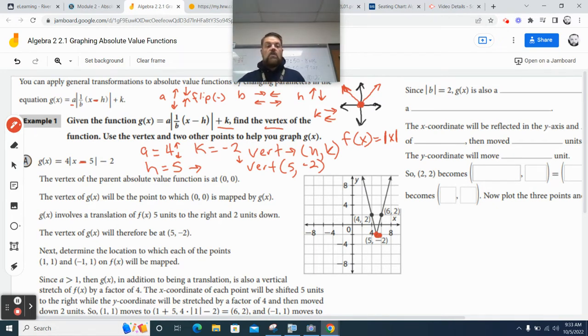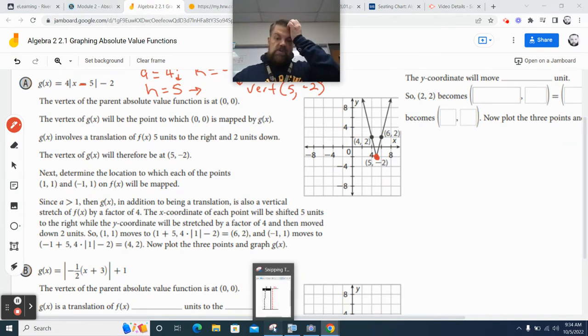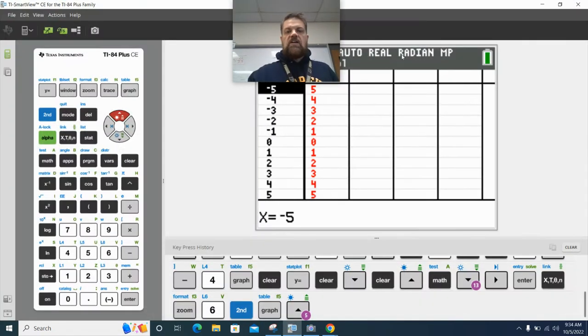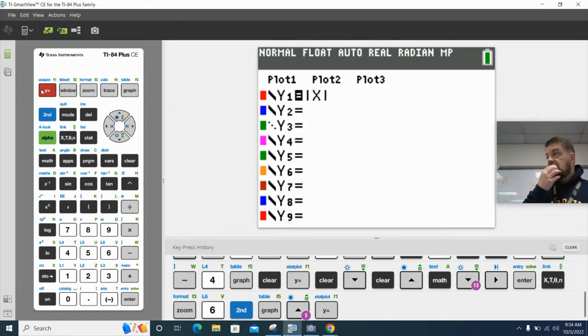Okay, so they're going to say a bunch of words here. But basically what they're saying is, what do you notice? What's the difference? So to kind of illustrate this, let's go to our calculators. And right now we have the absolute value of x, correct? So what I want to do is show you guys something.